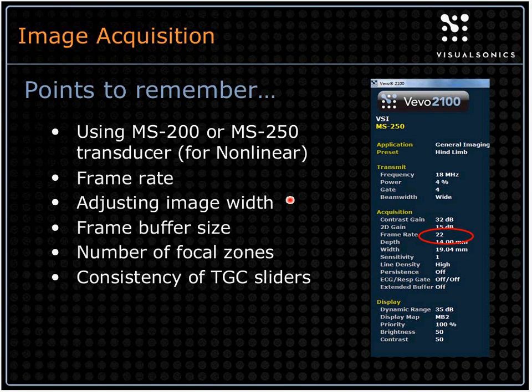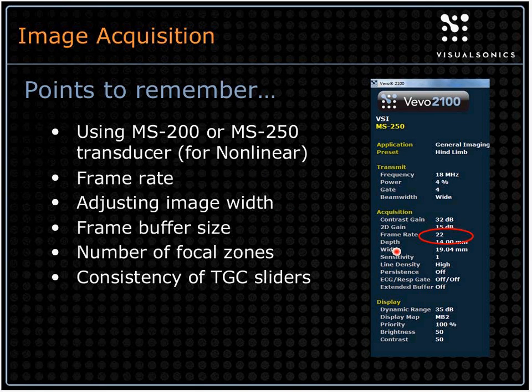And that really helps you improve your analysis. You can change things like the frame buffer size by adjusting the frame rate and adjusting the image width. The frame rate, there's actually a controller knob on the system, in the middle left, where you dial up or dial down the frame rate.